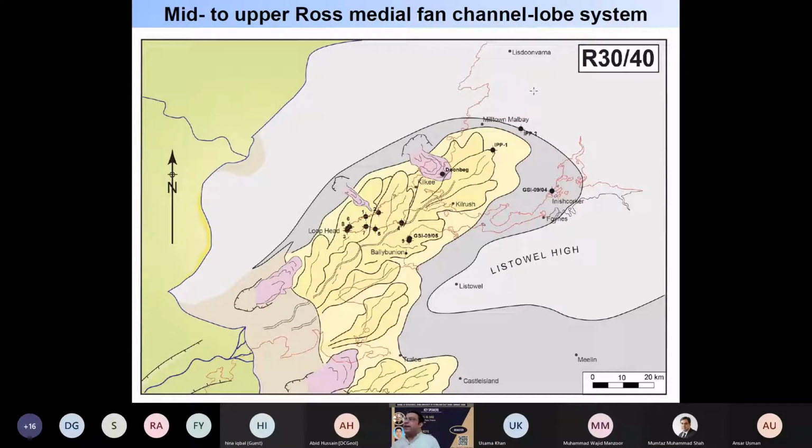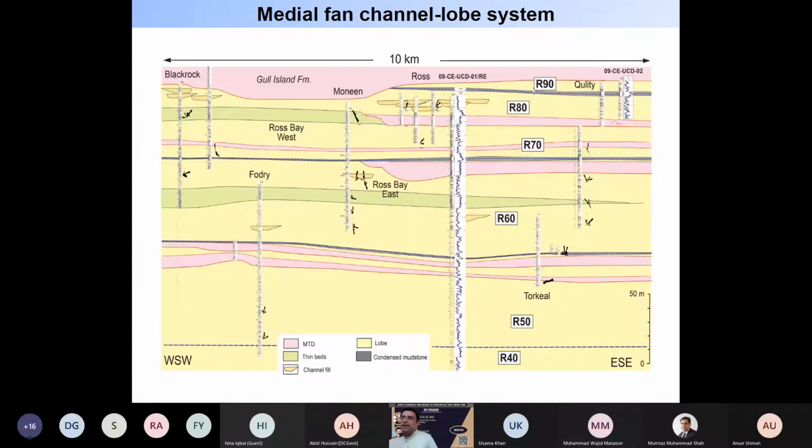Then the system was shut off again, and there was another channel-lobe system, another fan that propagated into the basin, which we will call a medial channel-lobe system. That system is composed of channelized sandstones with localized mass transport deposits and also hybrid event beds.